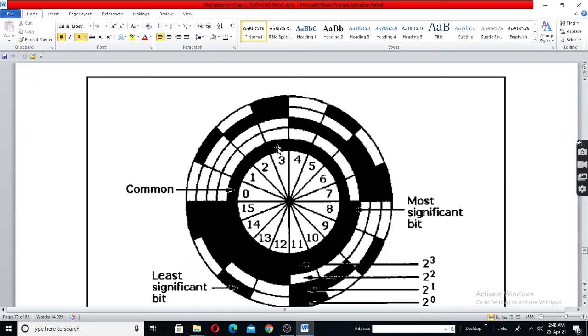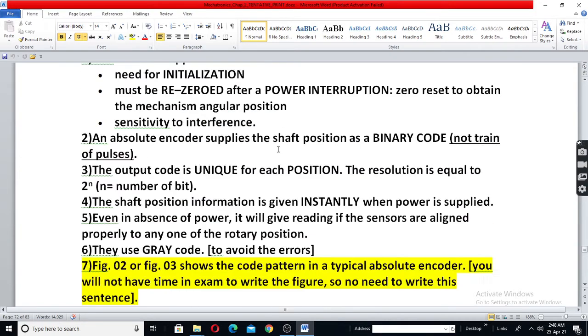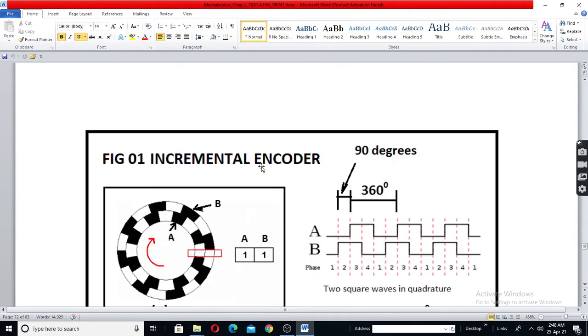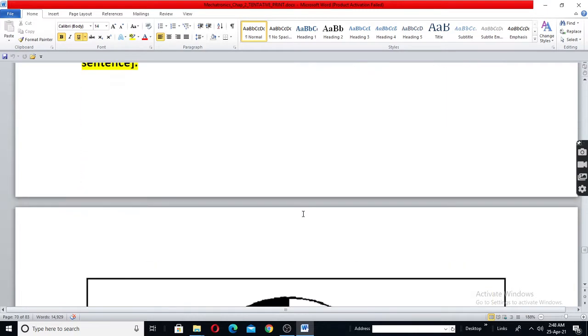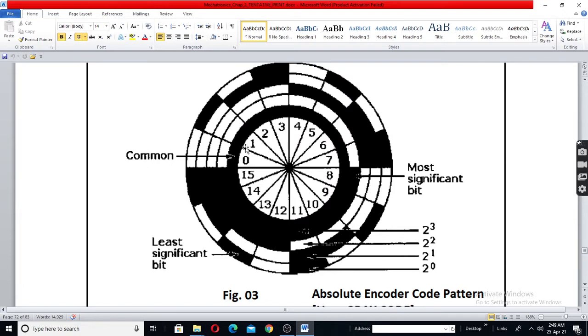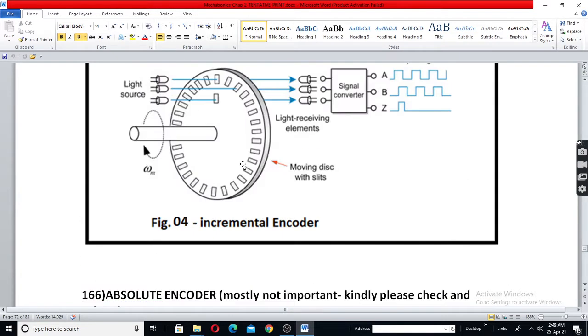Here black is assumed to be 1. In this, white is assumed to be 1. So here position is determined by the code itself. There is no need of Z here.